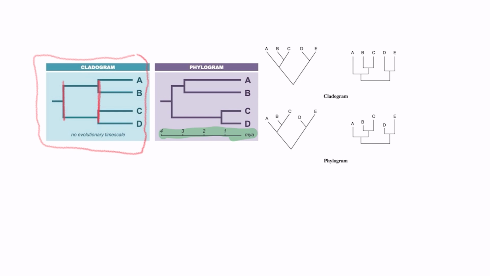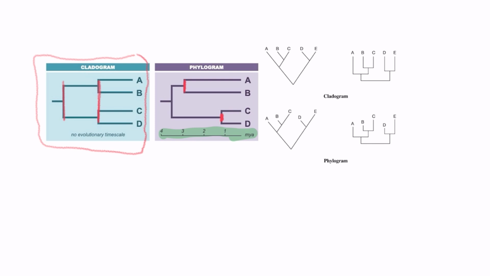But here you can see A and B diverged early and C and D diverged later. So it gives us information about the evolutionary divergence, that is, which species diverged before and which species diverged later.